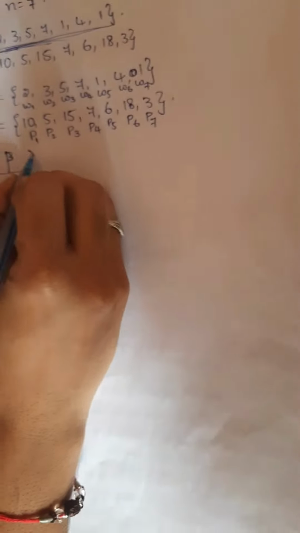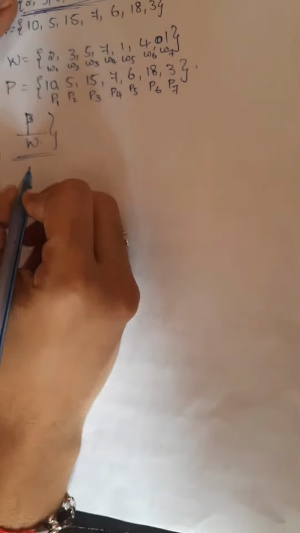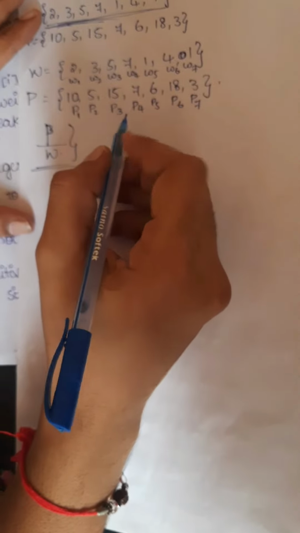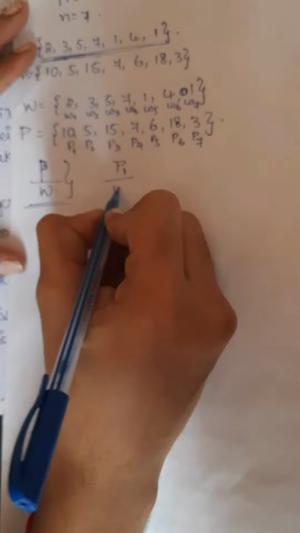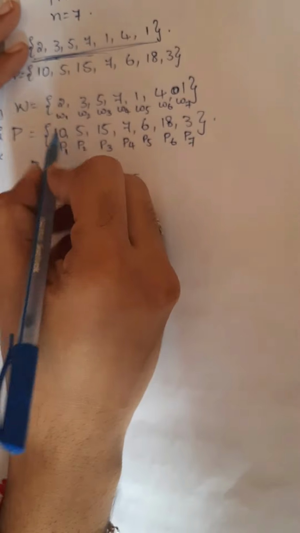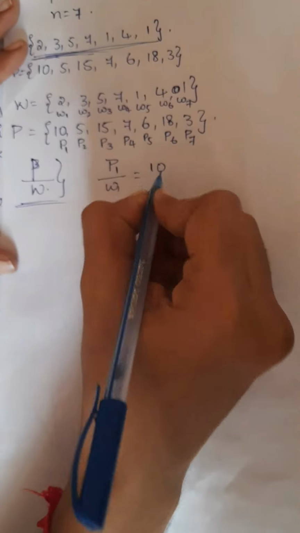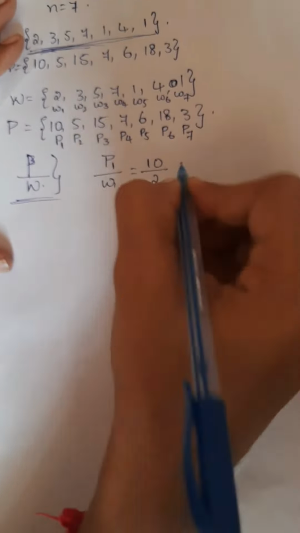So now let us calculate the P by W value. For all weights and for all profits, let us calculate P by W. P1 by W1, that means 10 by 2. So 10 by 2, that value is 5.